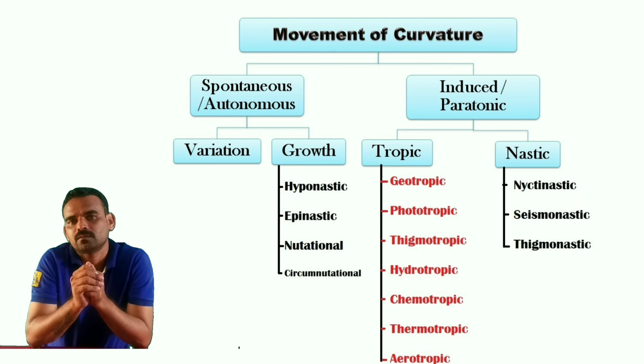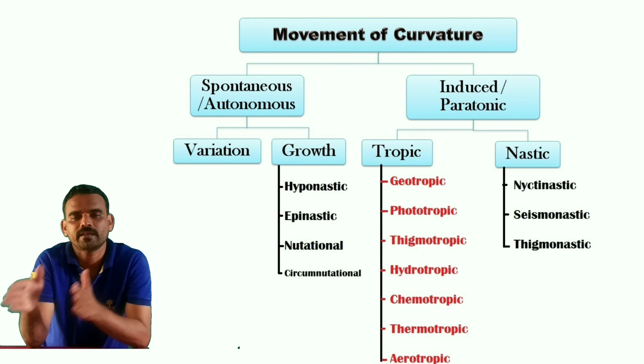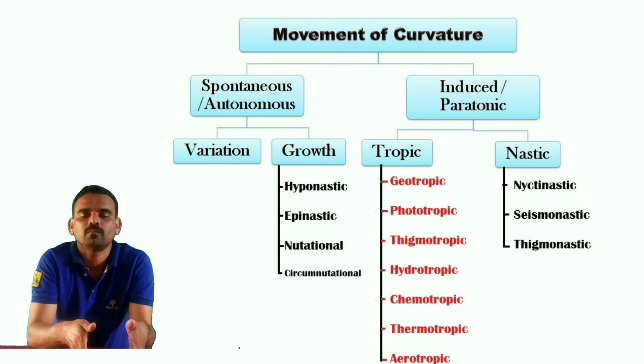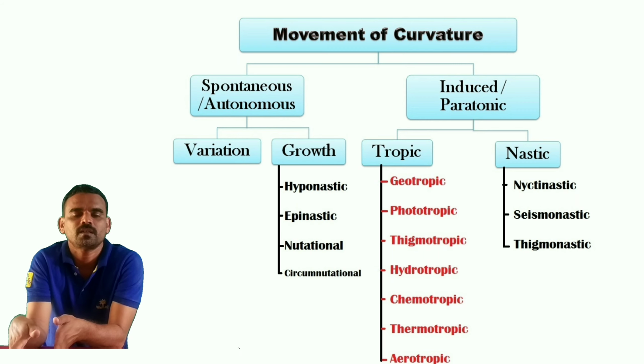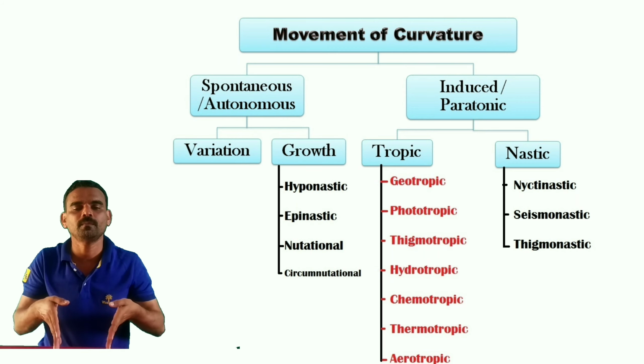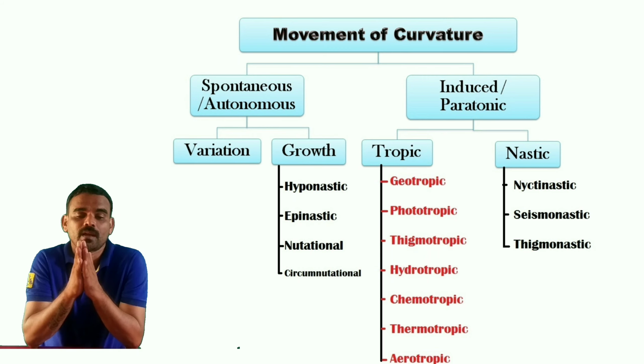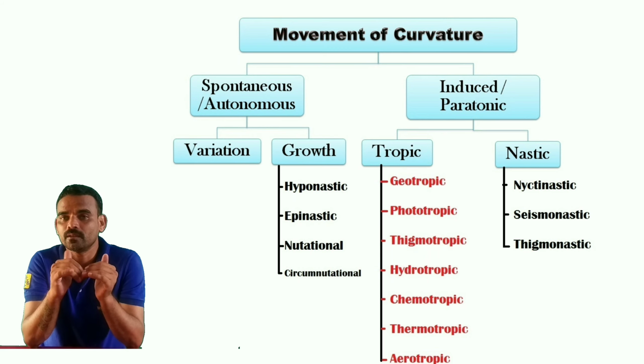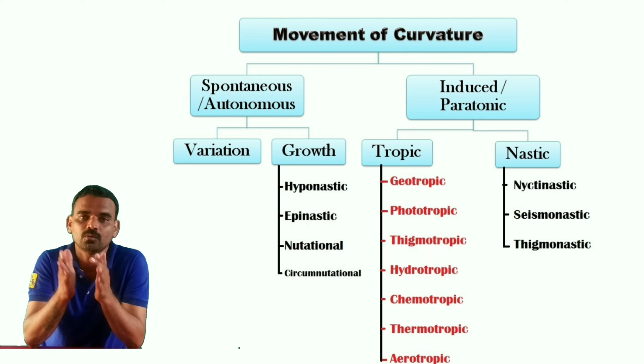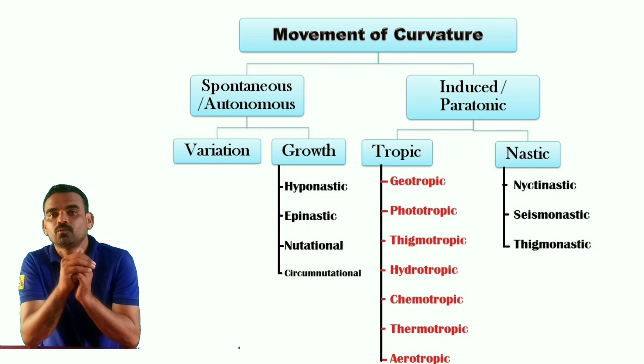This induced movement of curvature is again categorized into two categories, that is tropic movement, which is also known as growth movement, and Nastic movement, which is also known as variation movement. Tropic movements are of different types. As these are induced movements, no doubt there will be an external stimulus.